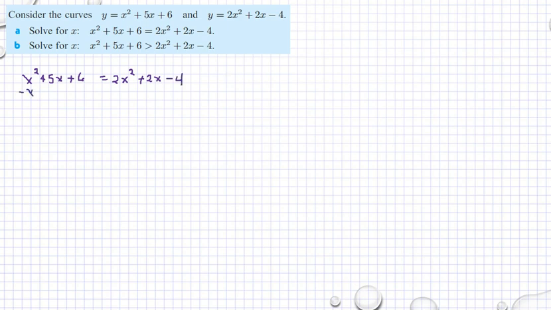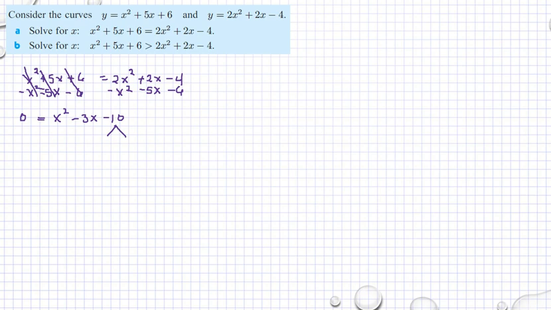If we subtract both sides of the equation by x squared, and then subtract both sides by 5x, and subtract both sides by 6, then the left hand side will be 0 is equal to x squared minus 3x minus 10.